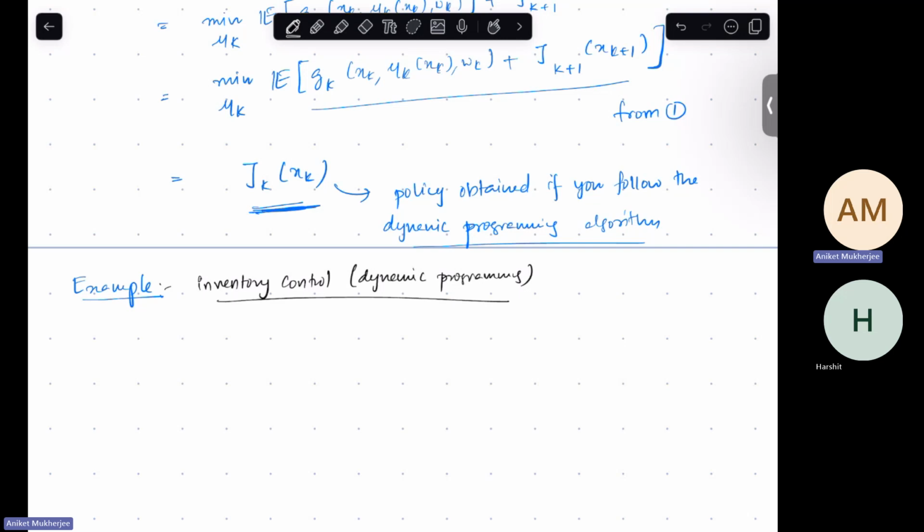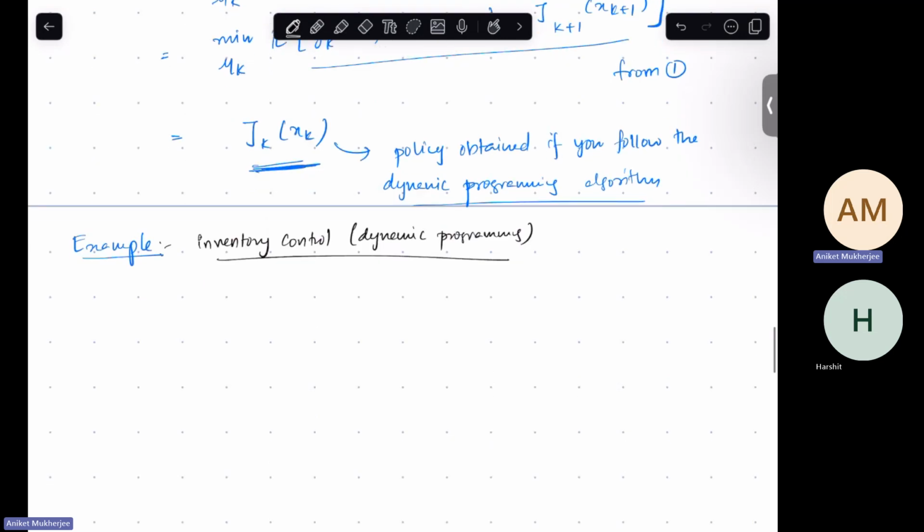Like you understand, if you take these assumptions from your real life system model, then you can come up with a closed form solution when you follow dynamic programming. So today I'll just give a brief overview of how to apply dynamic programming over the inventory control, right?